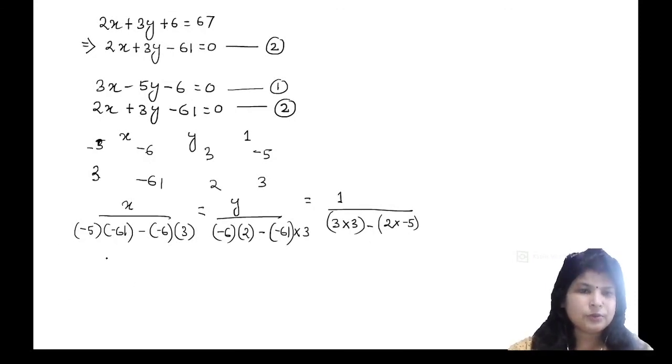Correct? So just solve it. x divided by, what is 61 into 5? It is 305. Minus 6 into 3, it is 18.